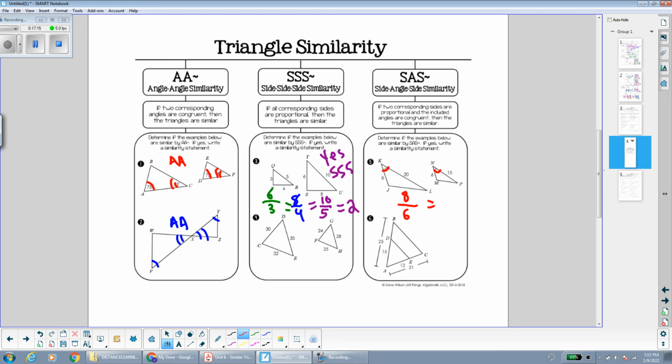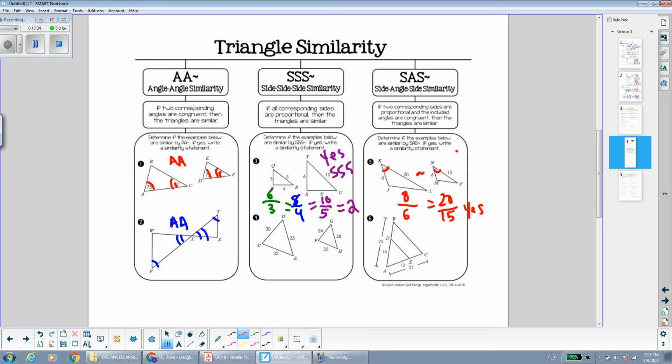And I also take the other side from the big triangle, 20, over its corresponding side from the small triangle, 15. These are the same. If you put these into your calculator, 8 over 6 and 20 over 15 will give you the same value. So the answer is yes.